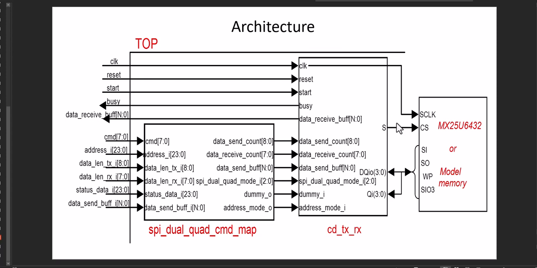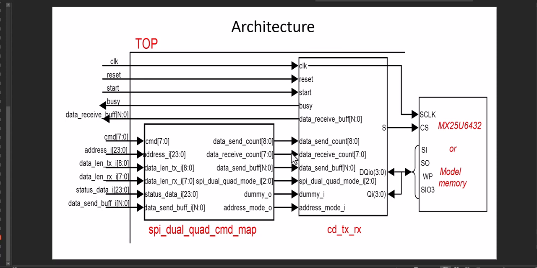You can refer to the earlier videos for the same, and as seen on this slide, there are signals like clock, reset, start, busy, data receive buffer, command, address, length for TX, length for RX, then status data, then send buffer.